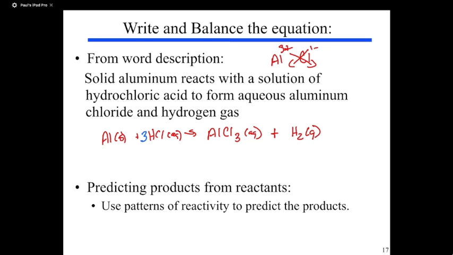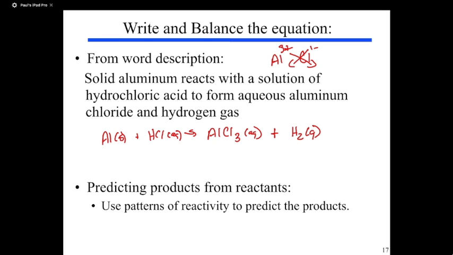Now hydrogen. What do we find about hydrogen? This side I have how many? 3. This side I have how many? 2. Uh-oh. So what do I do? I start over, in front of the H2. We started with AlCl3 as the first decider, and we said we had one of those.